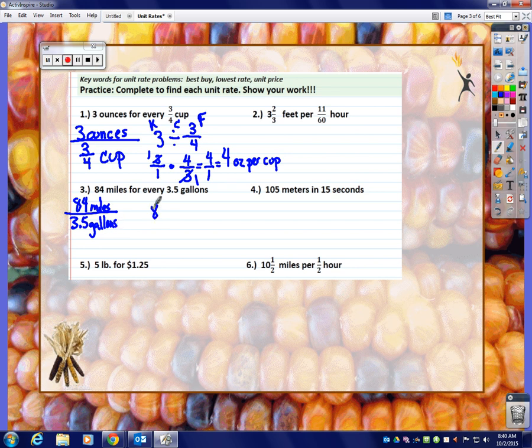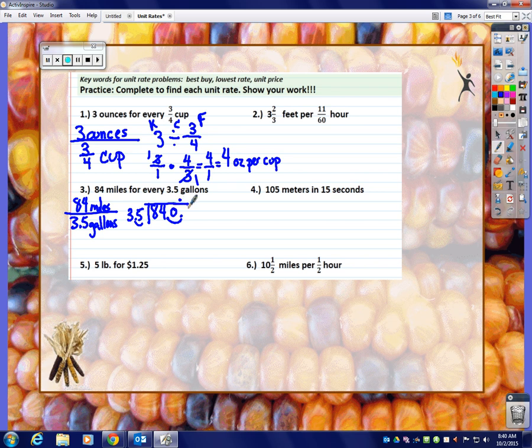If I top in, bottom out, 84 goes on the inside, 3.5 goes on the outside. Well, the divisor can never be a decimal, so we have to hop it once. Well, if we hop the divisor once, we have to hop the dividend once. And if the decimal's not in sight, it's on the right. So we're going to add a 0, decimal, decimal.